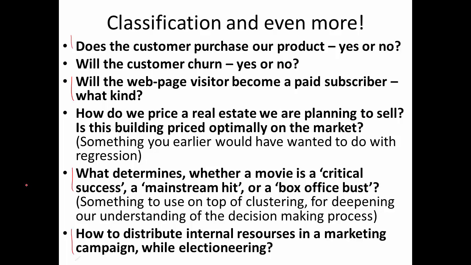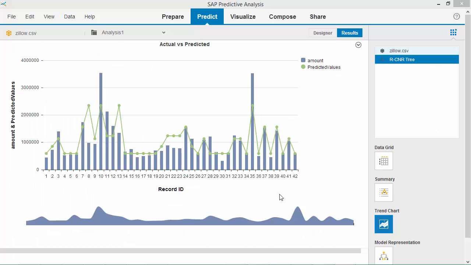And now the next thing we're going to take on is the real estate prices. So with this we will move to regression with decision trees. With regression, let's begin by showing the end result.